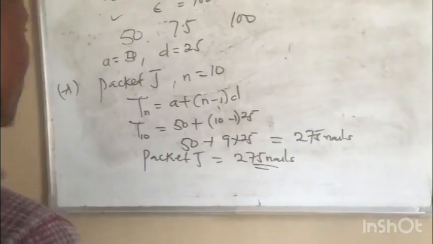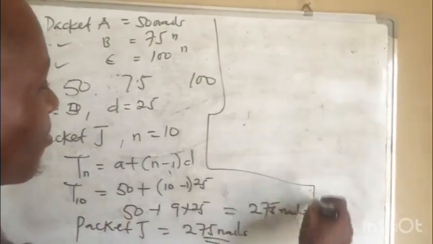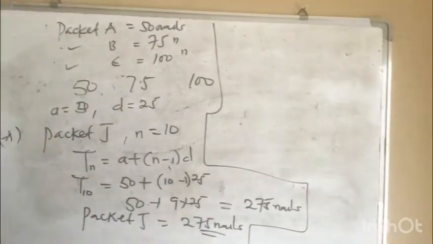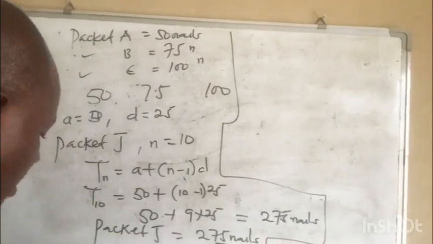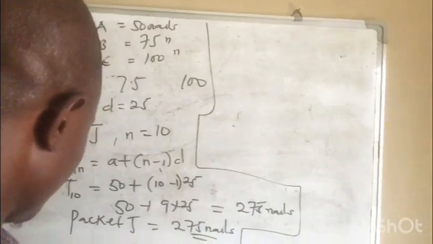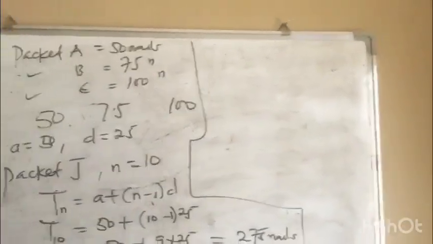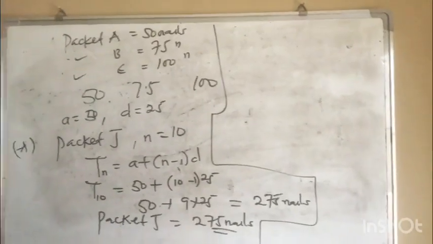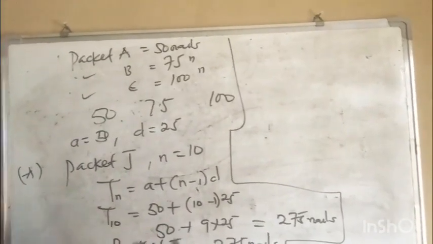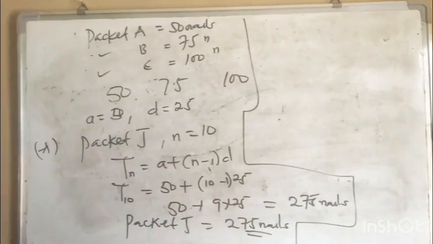Now, the second part of that question says Shand buys one of each of the packets A to J. How many names in total does Shand have? That means if Shand buys packet A, B, C up to J, how many names will he have in total?